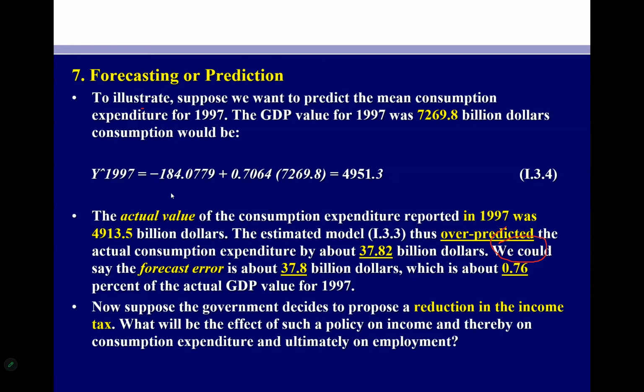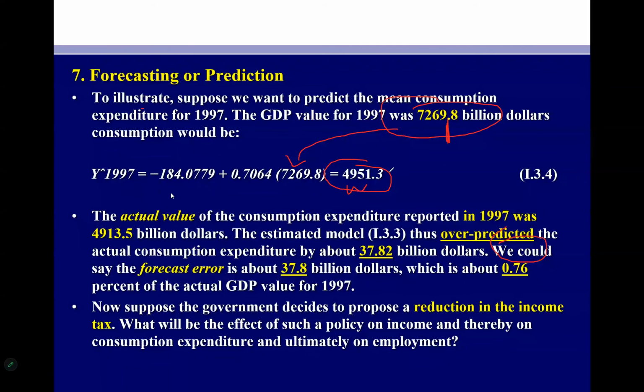Assume the GDP value of 1997 is this much. If the GDP is this value, then you can predict the value of consumption. It is 4,951. Then this is the predicted value.